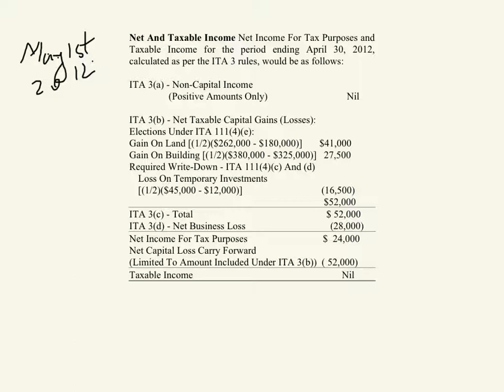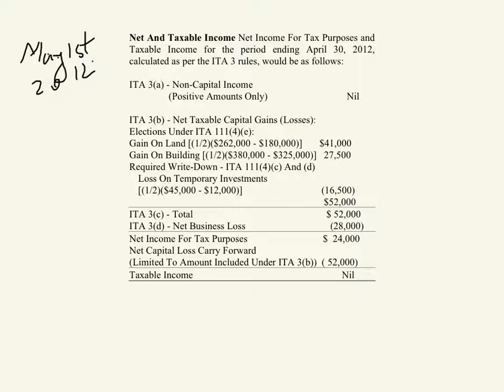So let's see the first step, how to calculate the taxable income for the first deemed taxation year, for the first period. In this process, we should be following the steps from Division B of the Income Tax Act, computation of income.